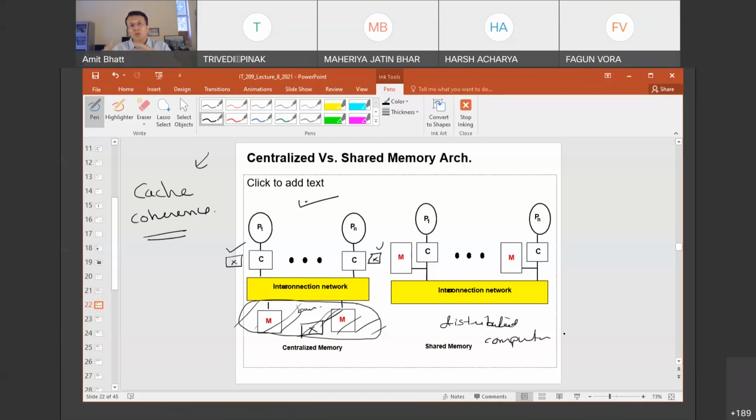You can connect those boards together, send in the program, and divide the program into as many parts as you have boards, and you can do things faster. So this is the whole idea behind this. But right now we are concentrating on the first part, that is centralized memory multiprocessor.